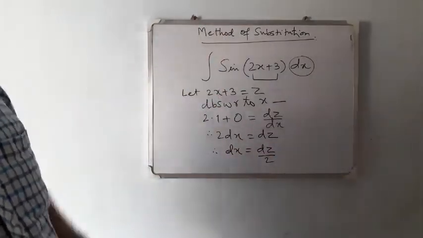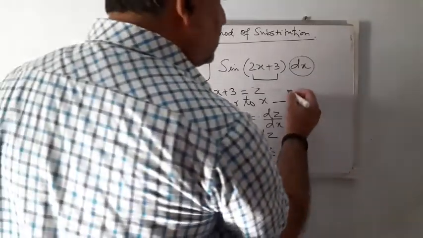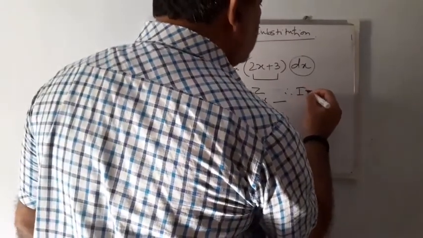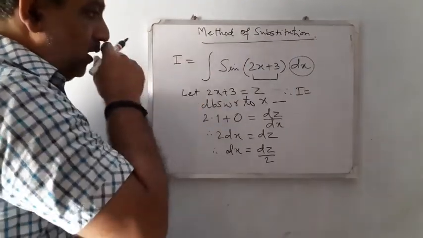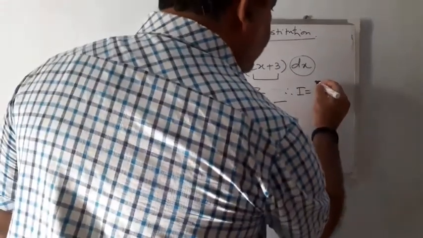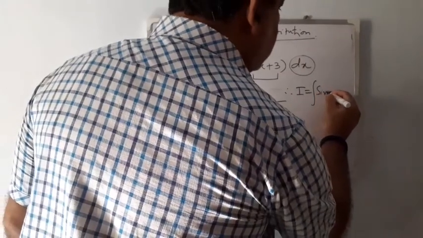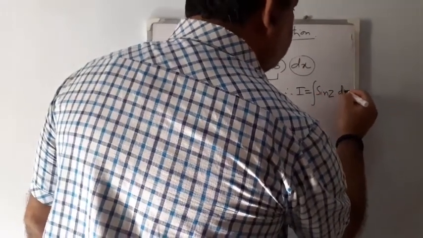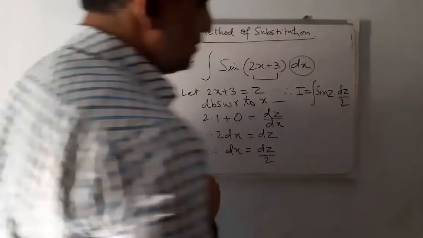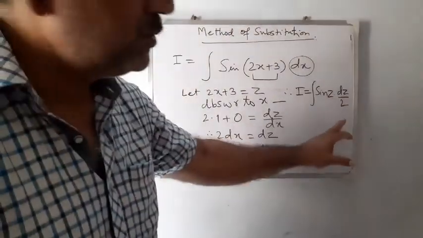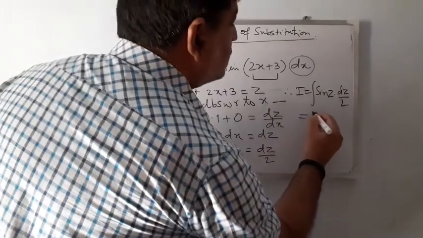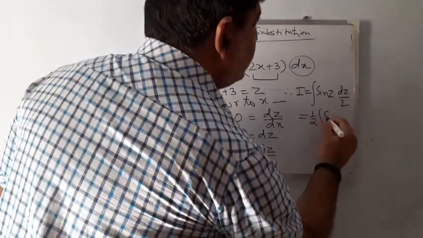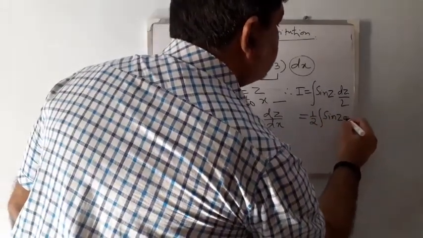Now what about our original integration? If we take this integral as I, then I is equal to integral sin z dot dz by 2. Now this half comes out. What happens? Half integral sin z dz.